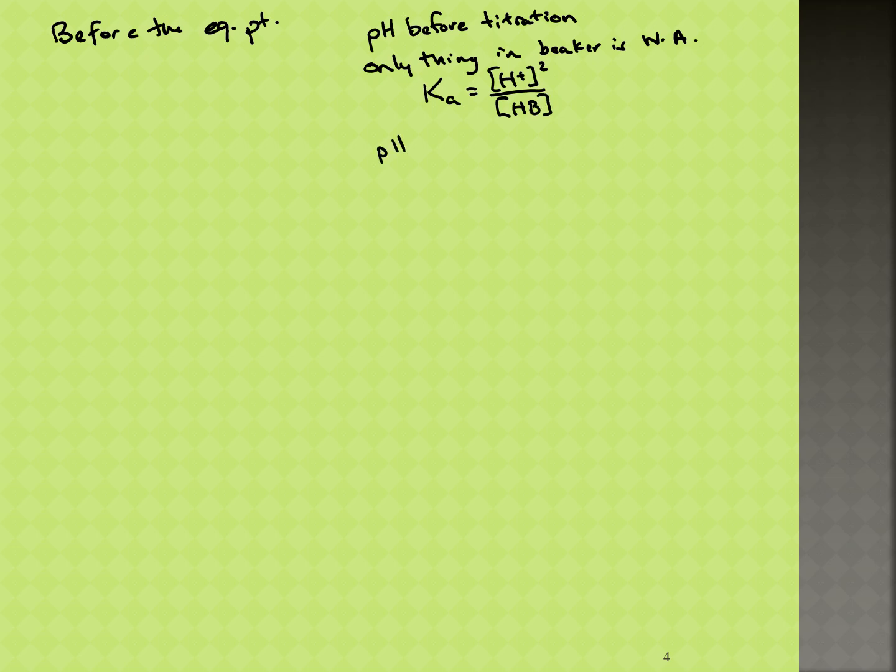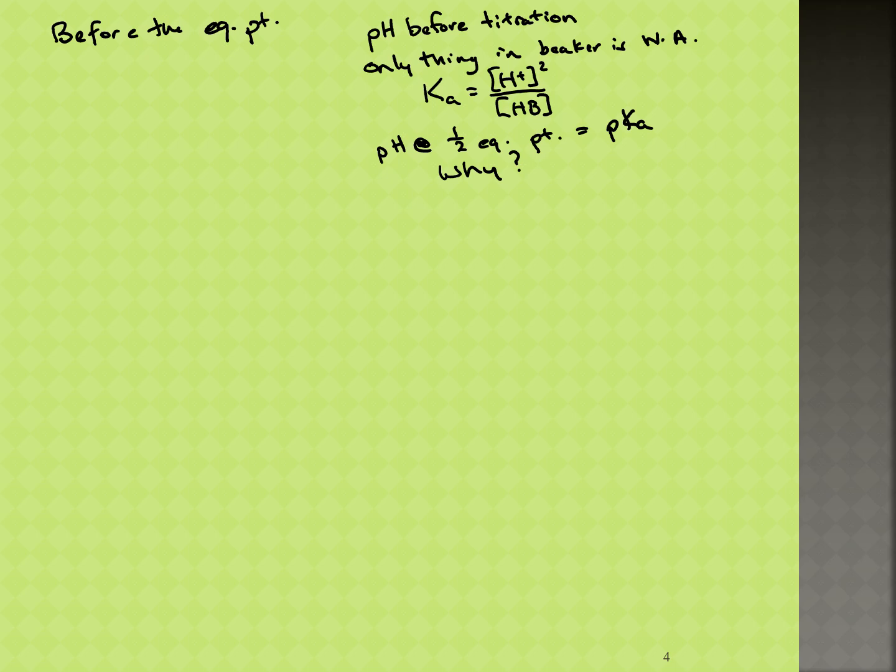The pH at the equivalence point, or sorry, at 1/2 the equivalence point, is equal to the pKa of our acid. Why? And why do we have a buffer system then?